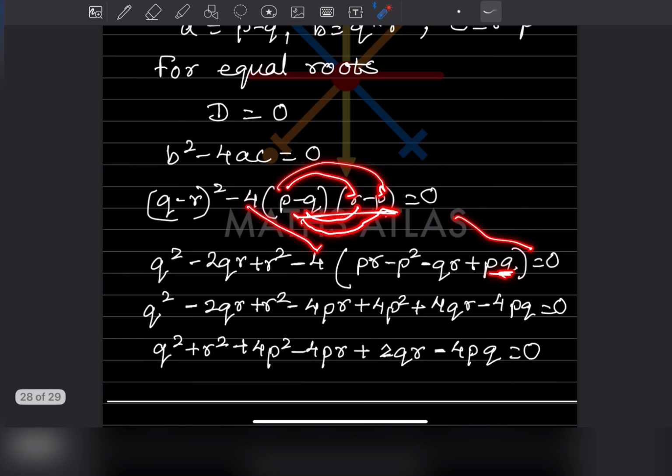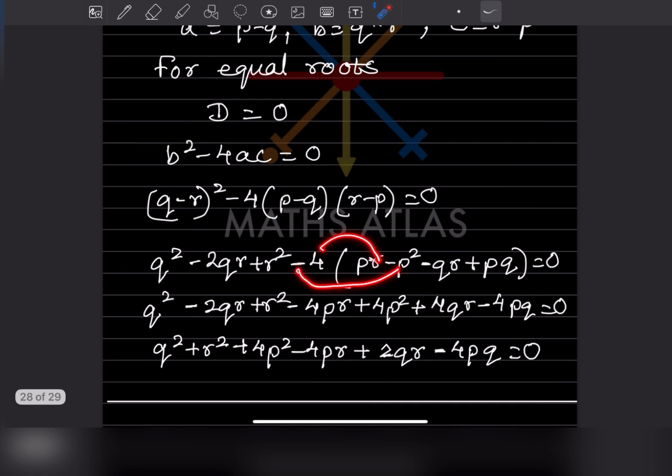Hope this is clear. So now this all the same. Multiply this one, minus 4pr. Minus minus becomes plus 4pq.